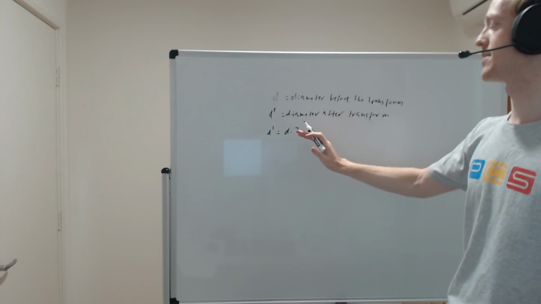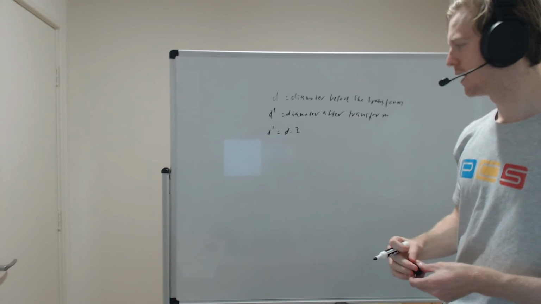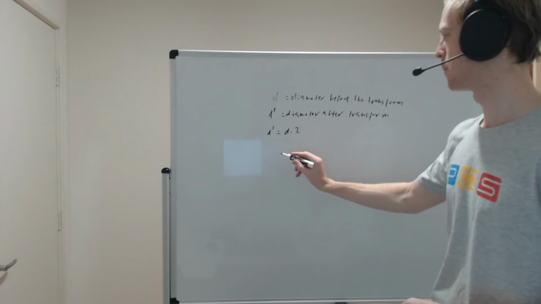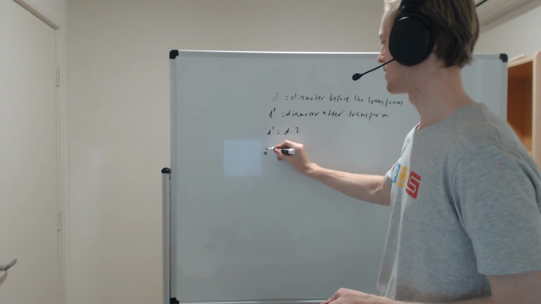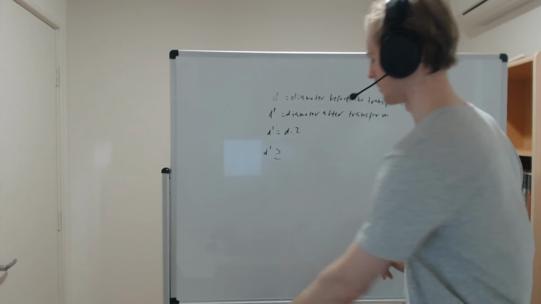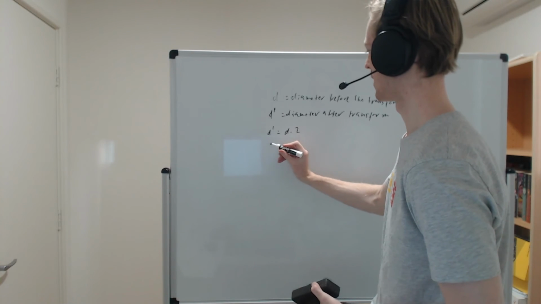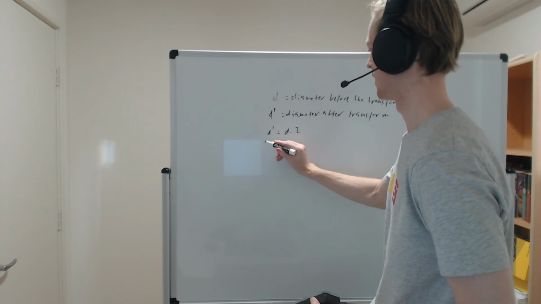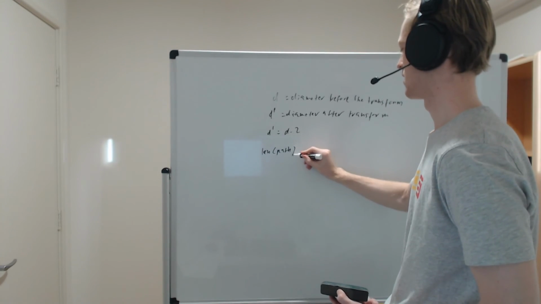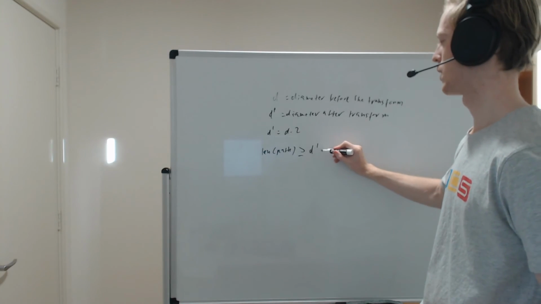So I need to find cases where I can find a path that after the transformation must have size at least d prime. I need to find some path. So I'm going to call this the length of path, len of path, greater than or equal to d prime plus 1.